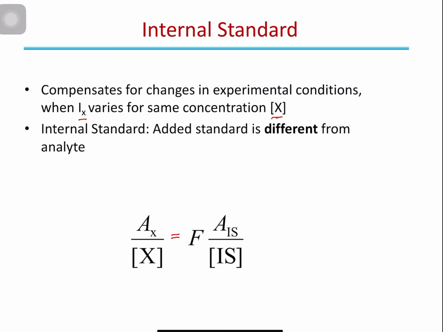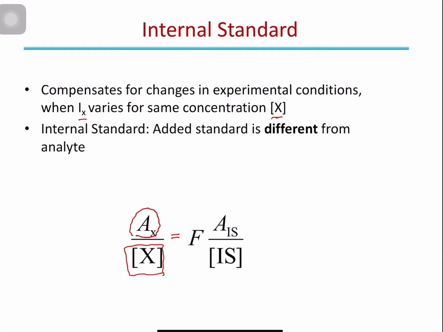So you have a certain concentration of your analyte, and this concentration is X. Then you run the experiment and see what the response is to your standard solution of the analyte. If the response is area under the peak, it's AX.